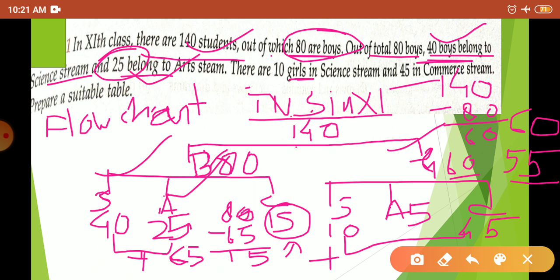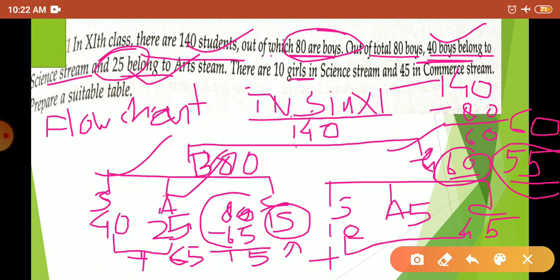So when we subtract 65 from 80, we get 15. That is the number of commerce students. Now it is time for girls. Here it is given 10 girls have taken science, and 45 have taken commerce. Now we add, so it will be 55, and when we subtract from 60, we get 5. In this way, all the information has been written here.